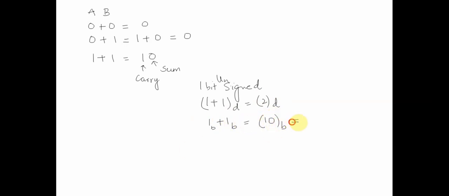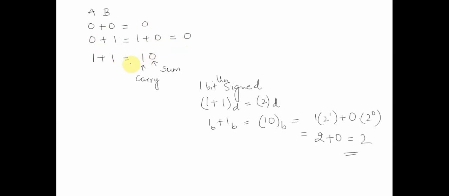In unsigned nomenclature, this will be equal to 1 into 2 raised to power 1 plus 0 into 2 raised to power 0. Recall this from our first lecture. This is 2 plus 0, which is equal to 2. So as a thumb rule, the basics of binary addition is: 0 added with 0 is 0, 0 added with 1 is 1, which is the same as 1 added to 0, and 1 plus 1 is 0 with a carry 1.